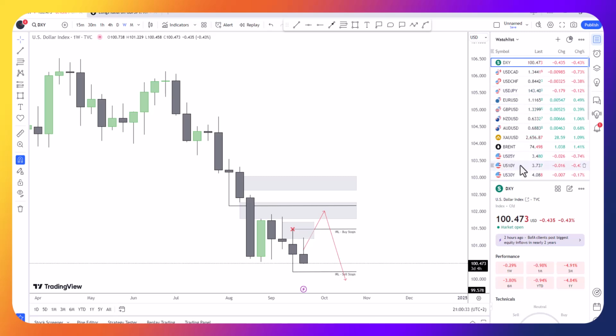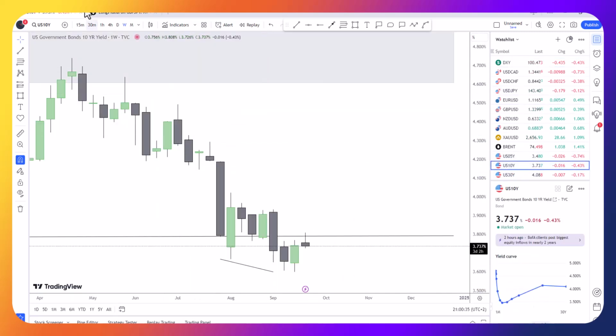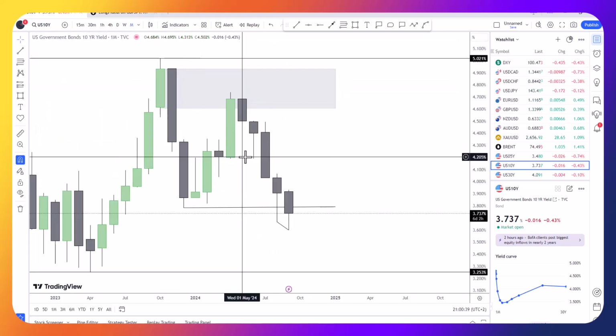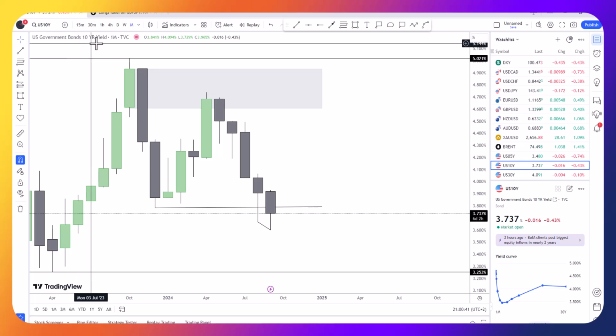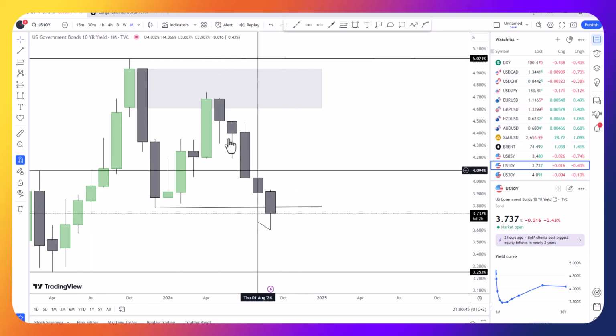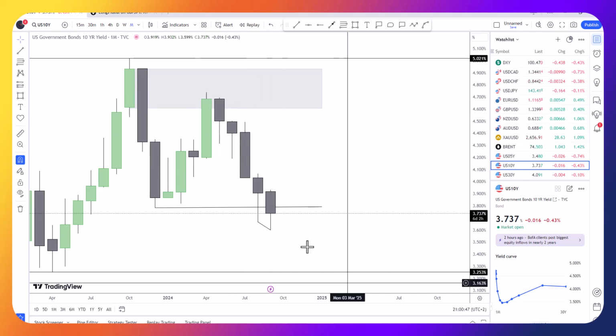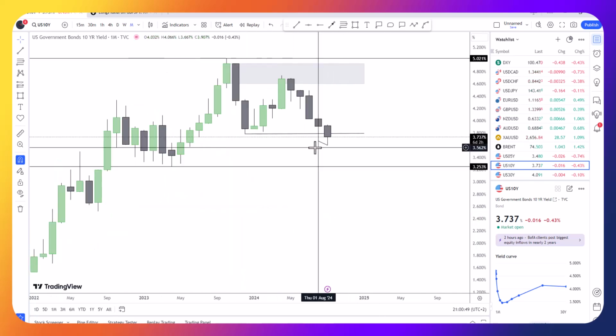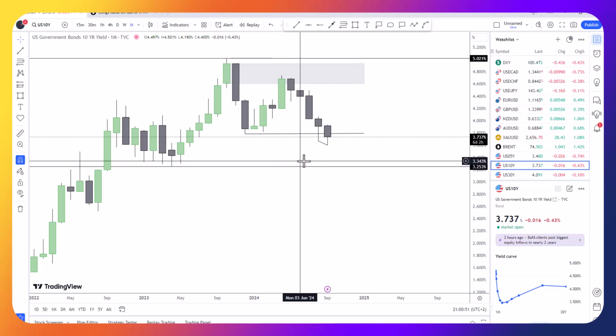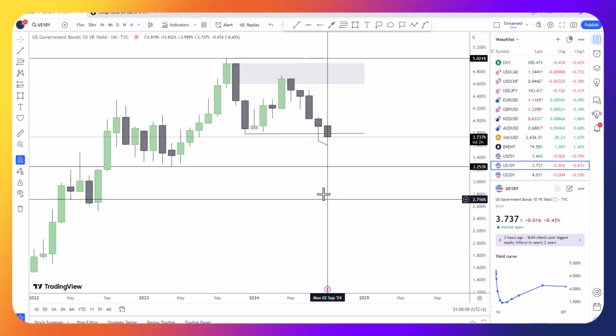Now, coming back to the long-term rates, right? Let's go back to the monthly chart, right? So we're going to look in detail on the 10-year yield, right? So we have our price action on the monthly chart. So right now, as you can see, we are heading towards 3.257% on the long-term rates.